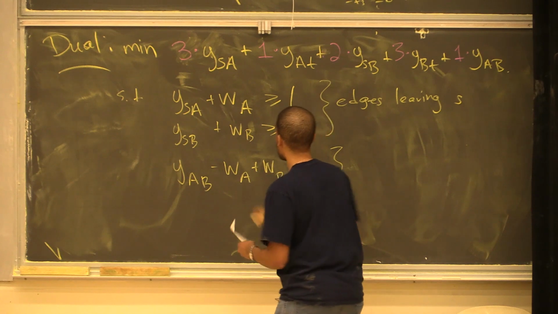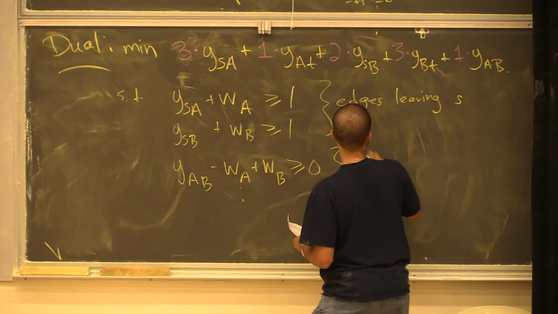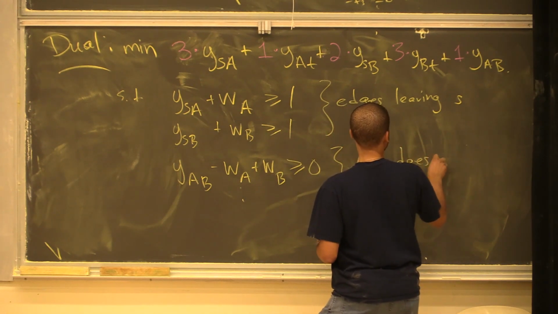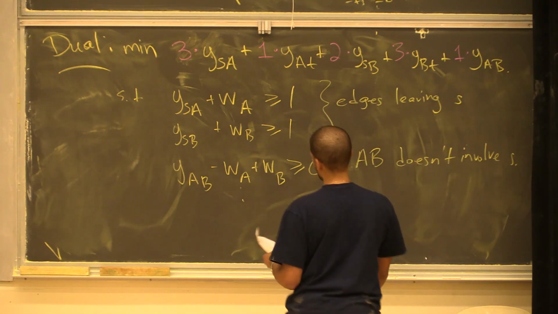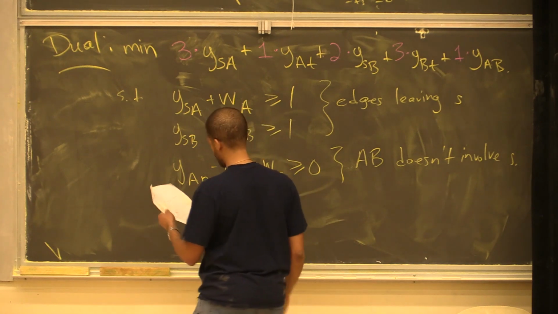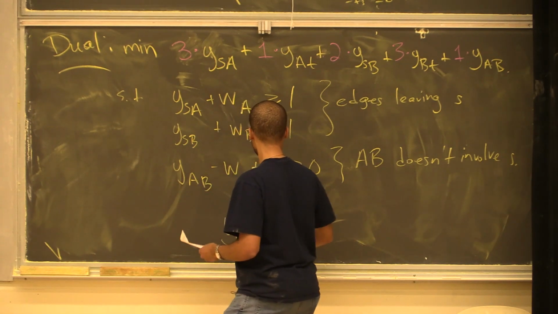Here I have an et cetera. And AB doesn't involve S, right? And I also have the constraint that Y is at least 0.